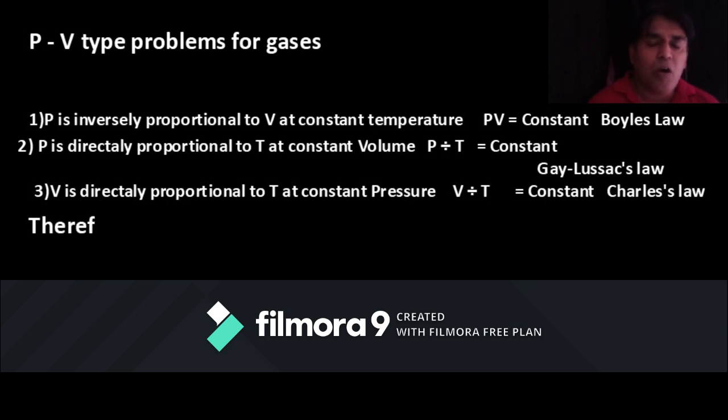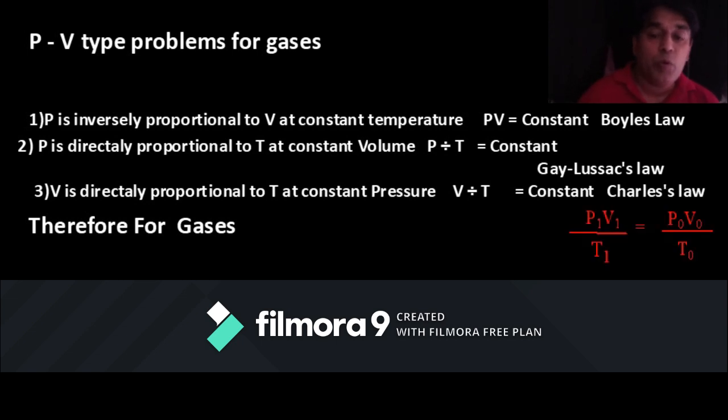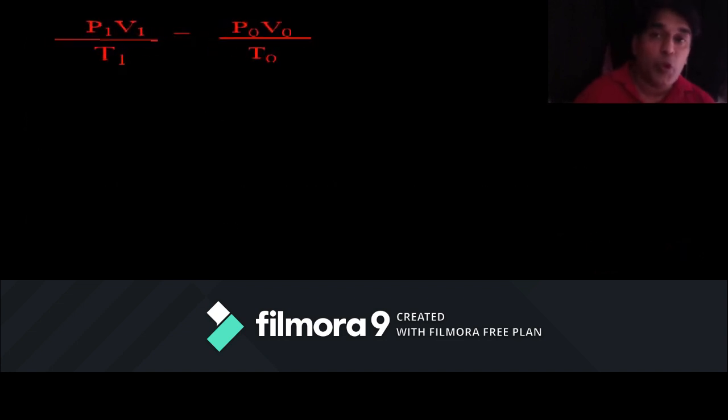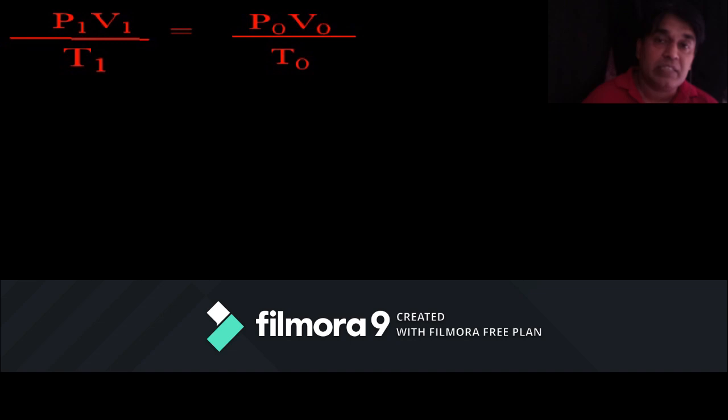Focus on this: in all these three laws, the terms of pressure and volume are present in the numerator, and temperature is present in the denominator. Therefore, one famous equation has been developed. The equation is P0 V0 upon T0 equals P1 V1 upon T1.